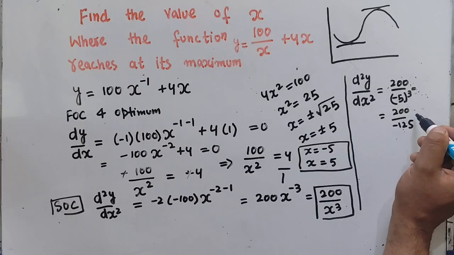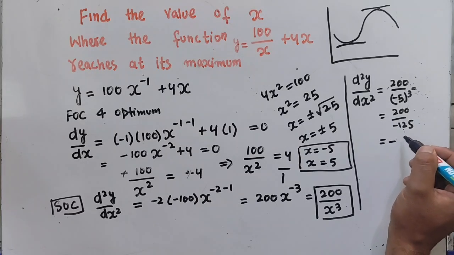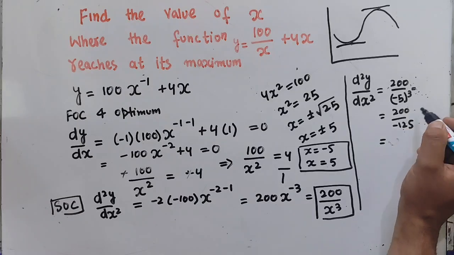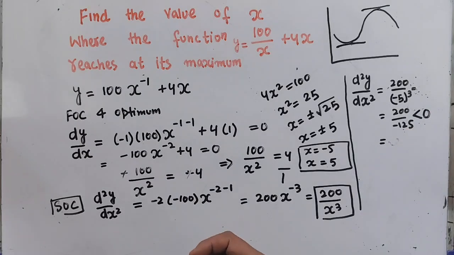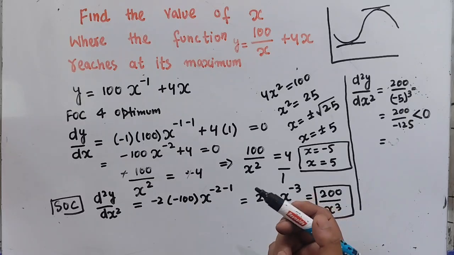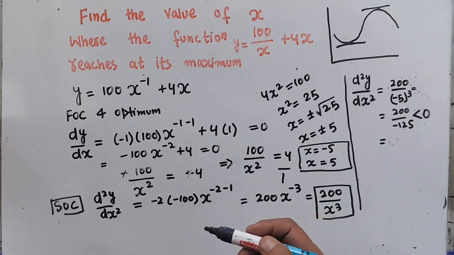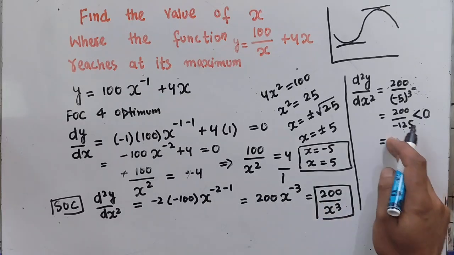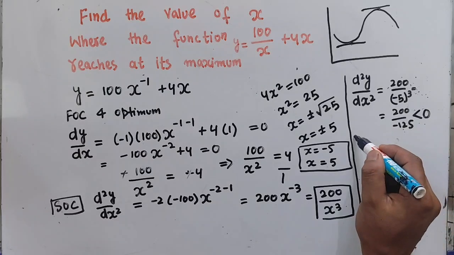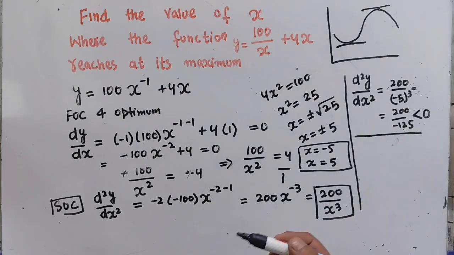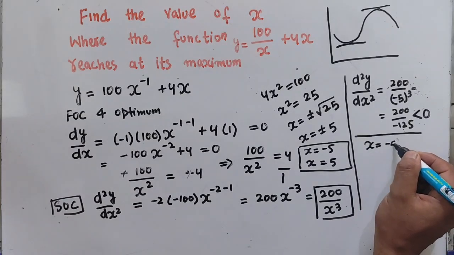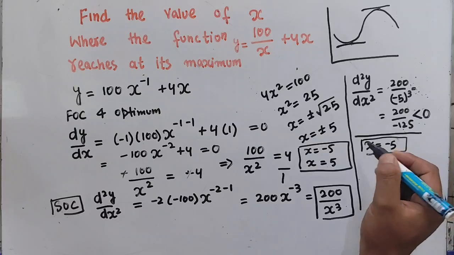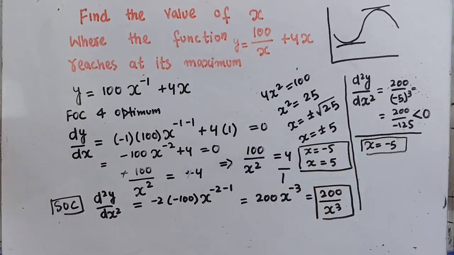So it will be a negative number, less than 0. When the second derivative comes out to be negative, we get the maximum point. That means when x is equal to negative 5, this function reaches its maximum.